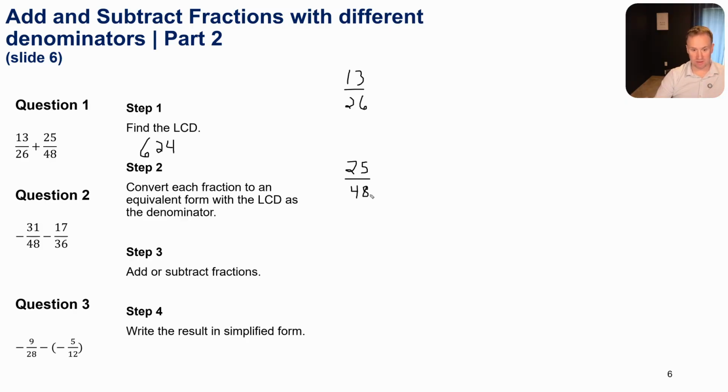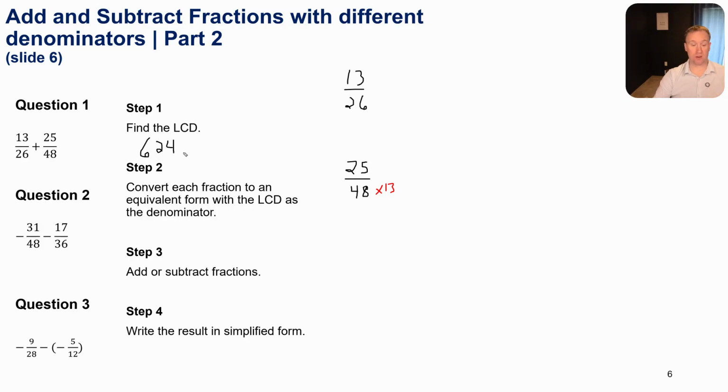That would give you a ballpark of what you would multiply it by. So some guess and check. But for our purposes, I'll let you do the guess and check to figure out what factor it is. The factor that 48 goes into 624 is going to be a factor of 13. So 48 times 13 will be 624.